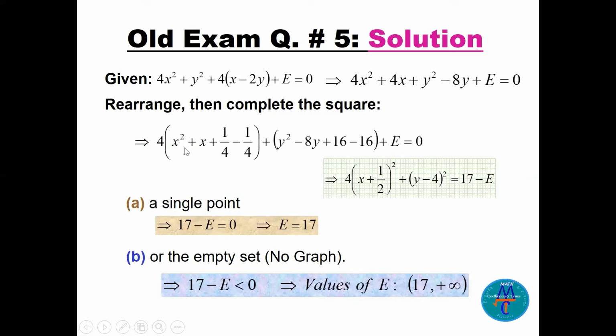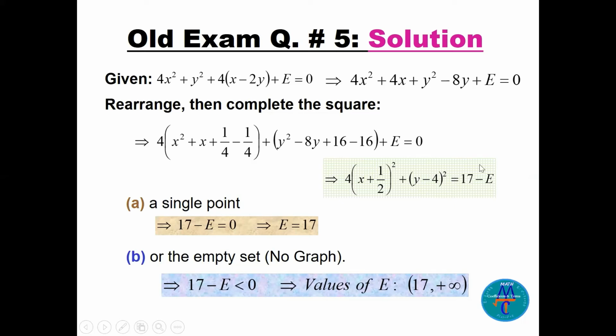Now let's simplify this. 4 times (x plus half) all squared plus (y minus 4) all squared. And there is 4 times minus 1 over 4. That's minus 1. And there is a minus 16, so minus 17. If you take it to the other side, it will be 17 minus e.